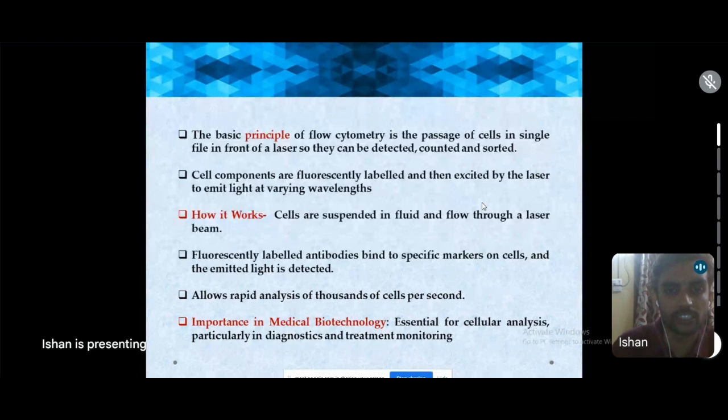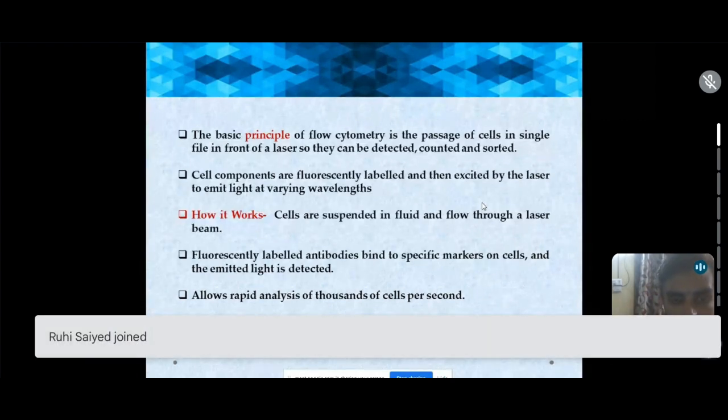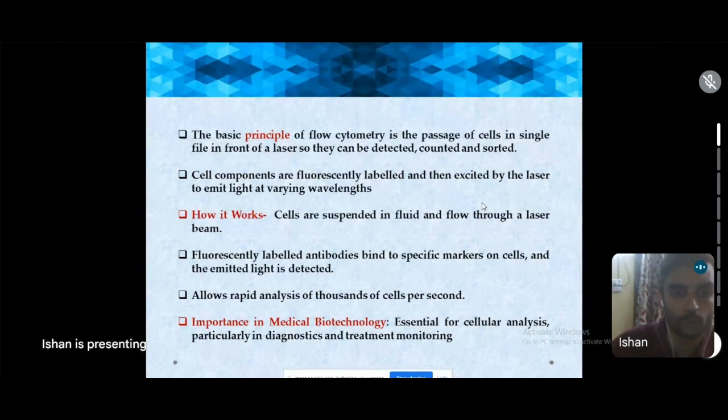In this we will study not the whole histology or the whole tissue sampling, but particular cellular properties. The fluorescent labeled antibodies bind to specific markers on the cell. Now, what are the markers? There are biomarkers, many kinds of antigens or surface receptors that are expressed on the surface of the cell.